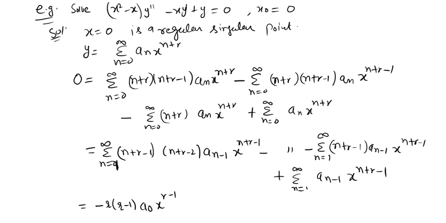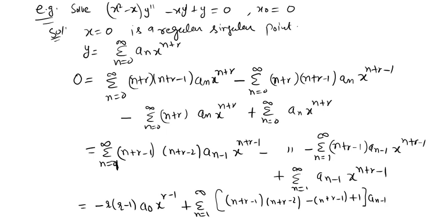Then combine the rest of the terms, n equal to 1 to infinity, which will give you (n plus r minus 1)(n plus r minus 2), and then (n plus r minus 1 plus 1) a(n minus 1), and then minus (n plus r)(n plus r minus 1) an, and the whole thing multiplied with x power n plus r minus 1.